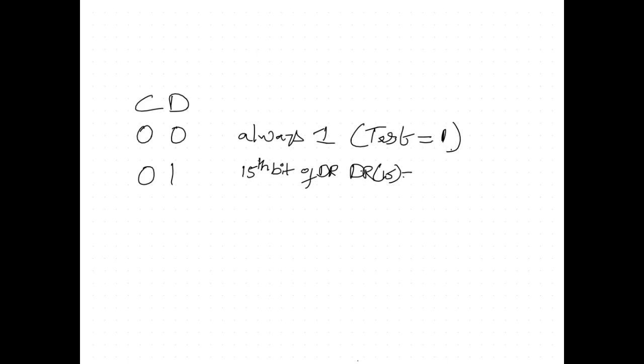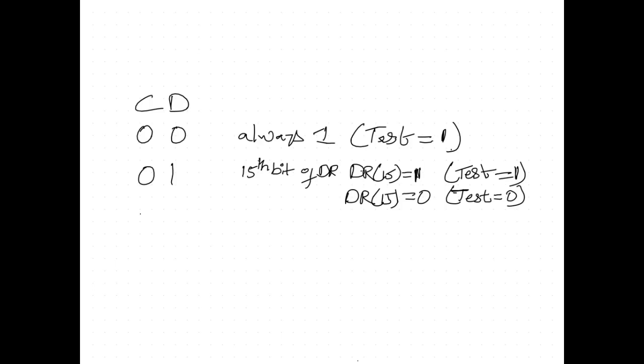If DR of 15 is equal to 1, then test is equal to 1. If DR of 15 is equal to 0, then test is equal to 0. Right? This is what CD 01 does.